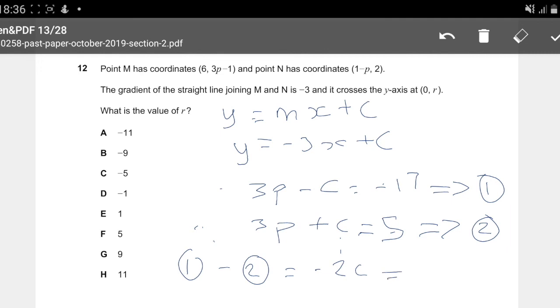It's equal to minus 17 minus 5, which is equal to minus 22. So I'm going to simplify. c is equal to 11, and therefore our answer to this question is H. And that's question number 12 completed.